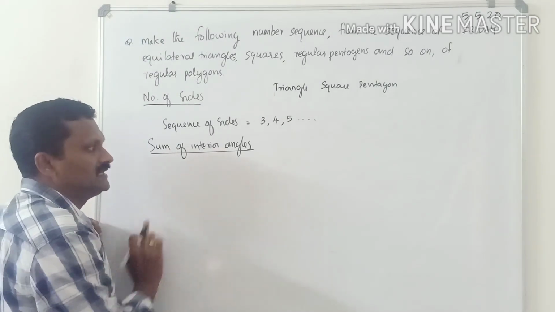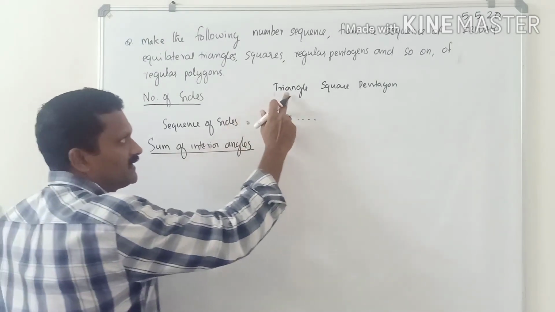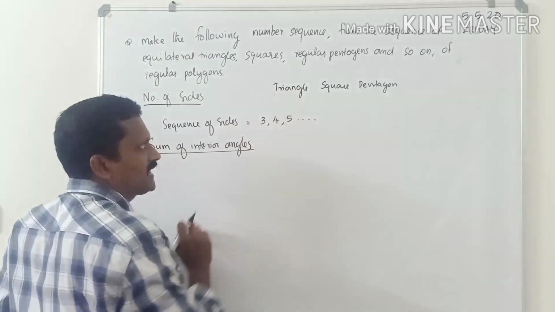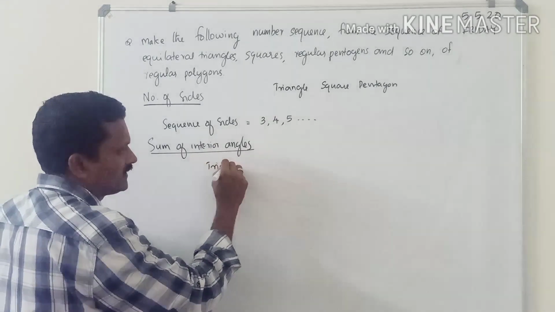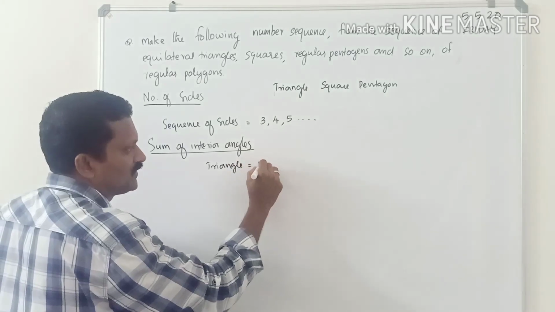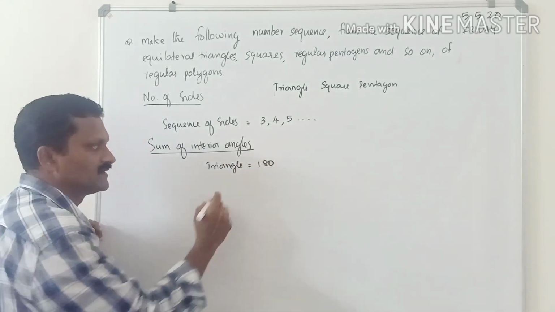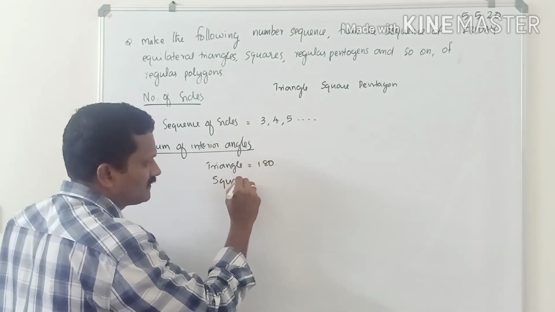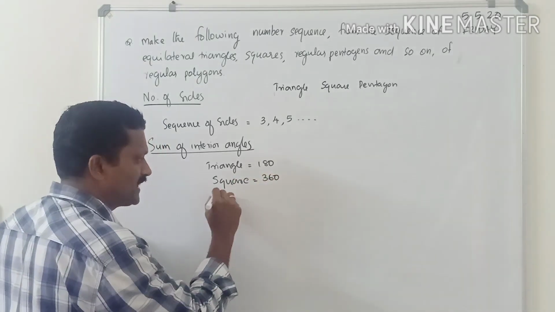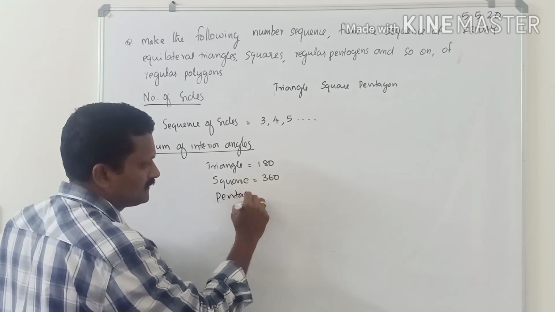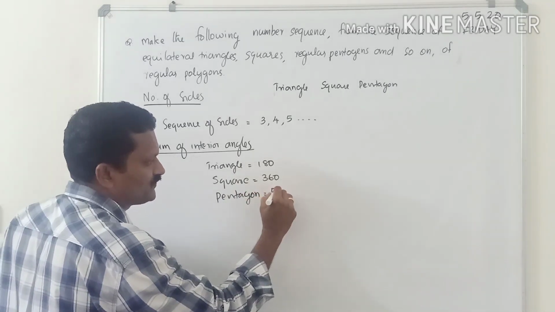Sum of interior angles. We know that the sum of interior angles of a triangle is equal to 180. Square, that is 360. Pentagon, that is 540.